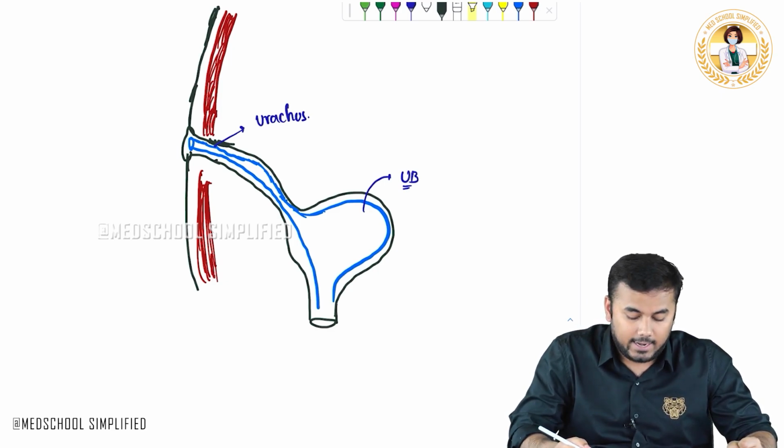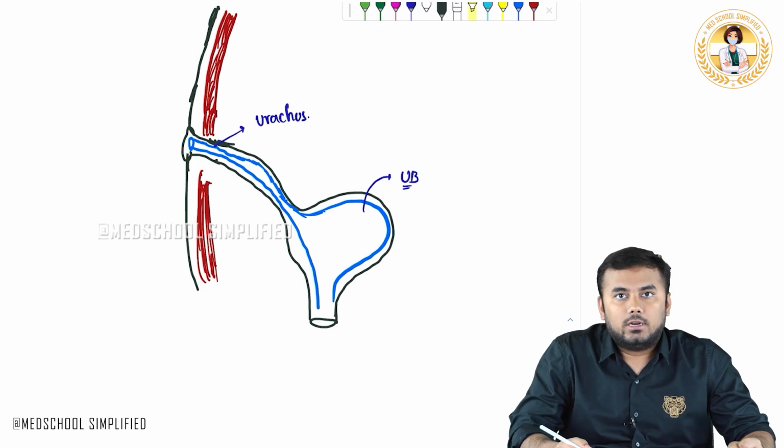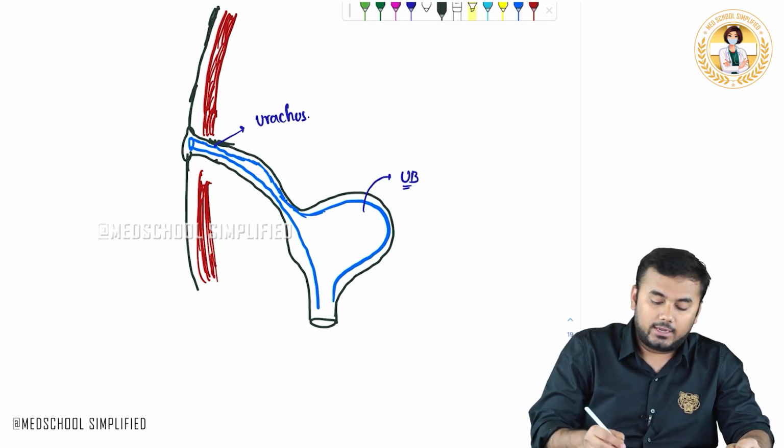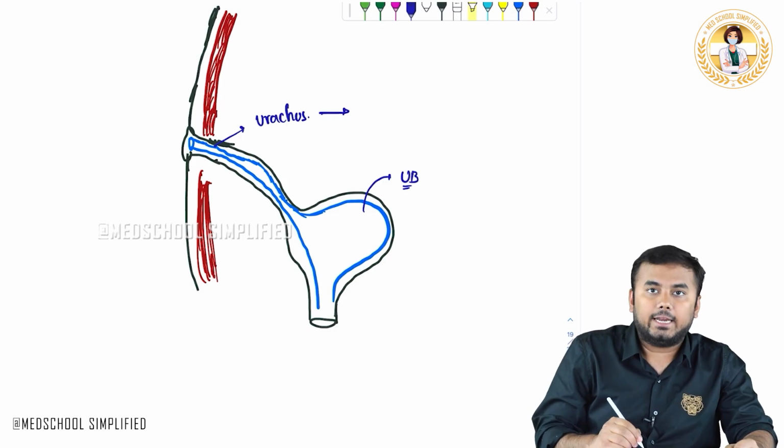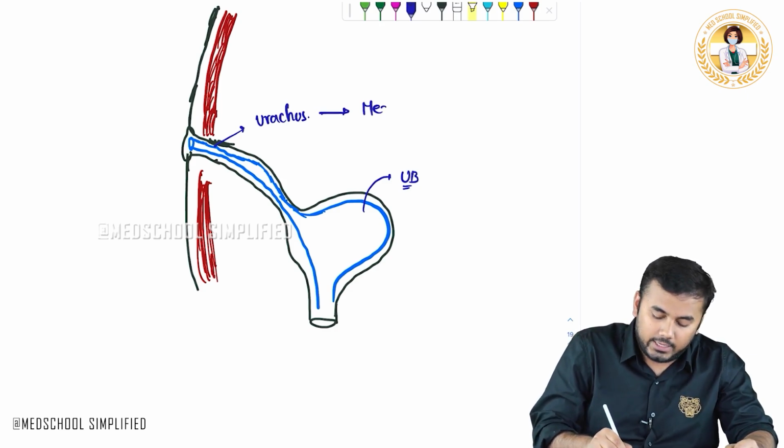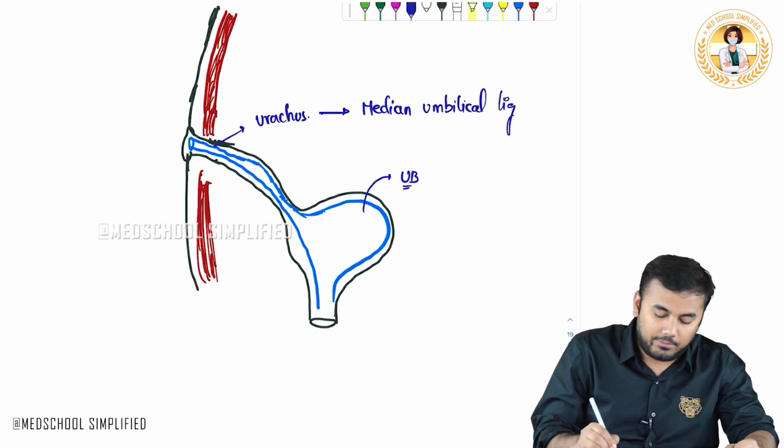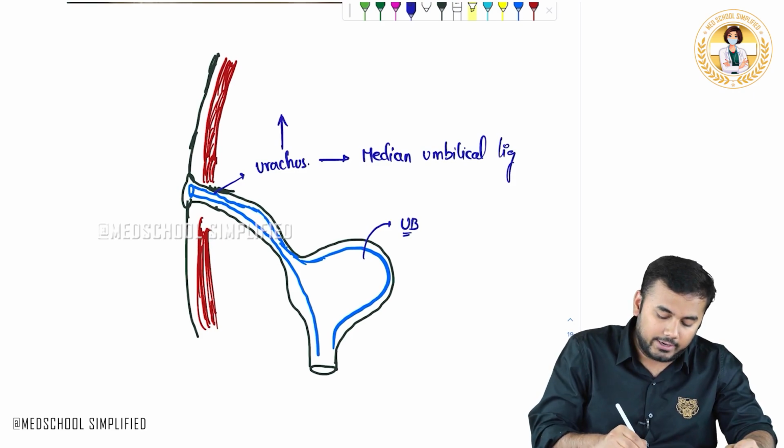Now what will happen is that this urachus, the remnant of the urachus, will obliterate and form the median umbilical ligament.